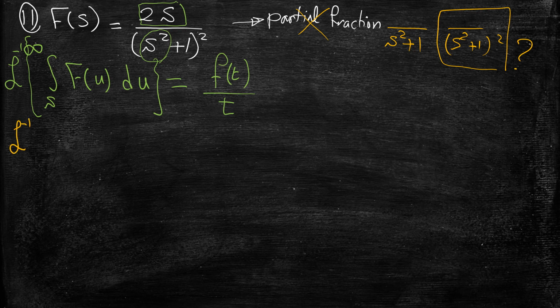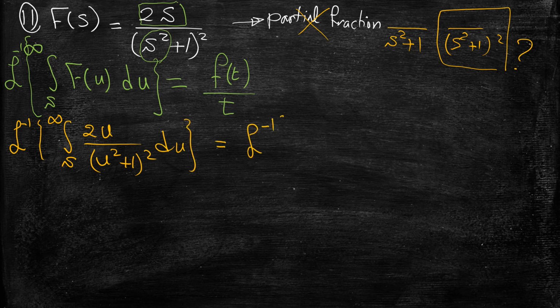I will get Laplace inverse of the integration from s to infinity of u over (u squared plus 1) squared du. The numerator u is the derivative of the denominator term, so the integration will be minus 1 over u squared plus 1, with limits from s to infinity.